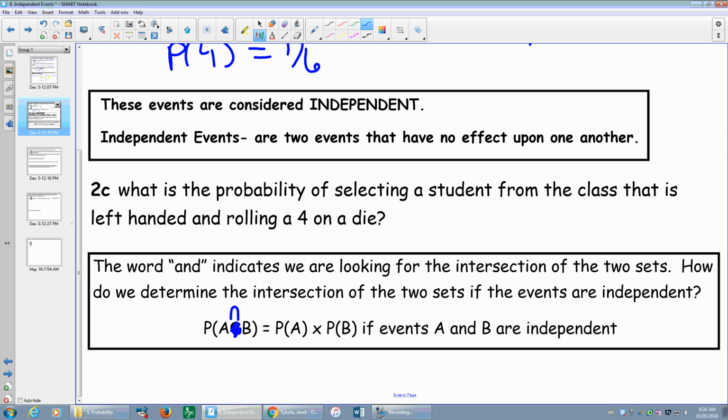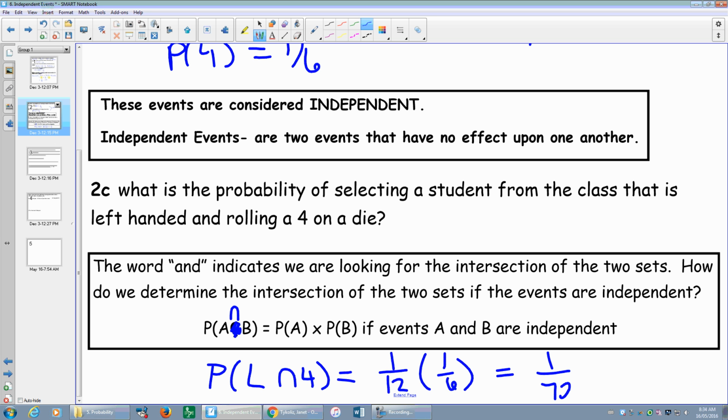So what is the probability of choosing a left-handed student and rolling a 4? Those events are independent. So I would take my 1 over 12, which is the probability of picking a left-handed student in this class, and multiply it by 1 over 6, which is the probability that I roll a 4 on a die, and I end up getting 1 over 72.